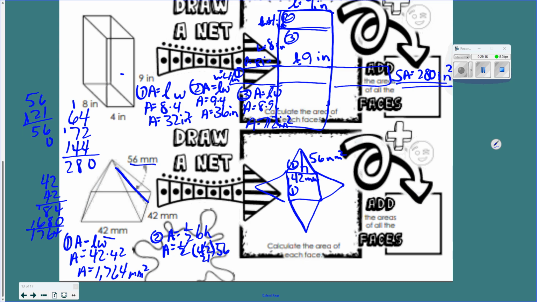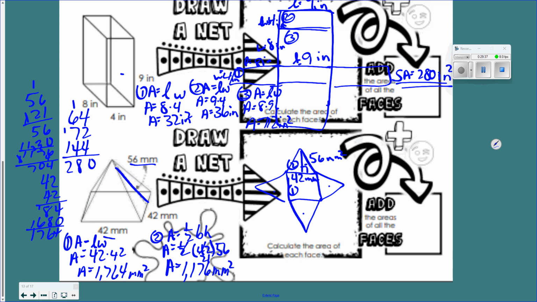But how many of these triangles do I have? 4. 1, 2, 3, 4 of them. So I'm going to now multiply this by 4. That gives me 4,704 for all 4 of them.